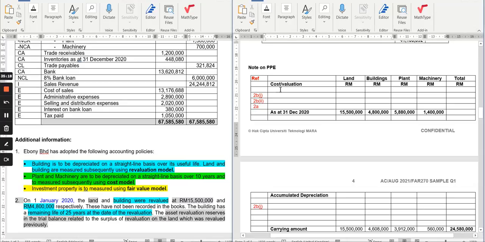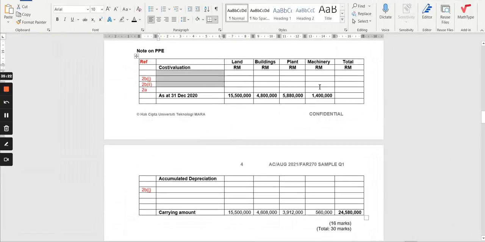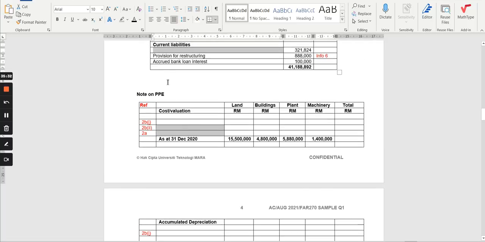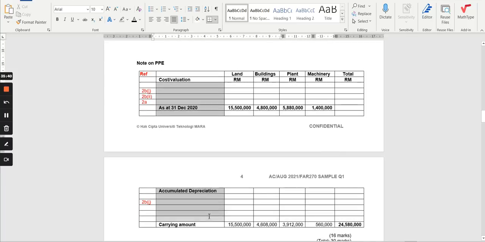Now we move on to the notes on PPE. The first one is putting the items, so we will have to include the items here.